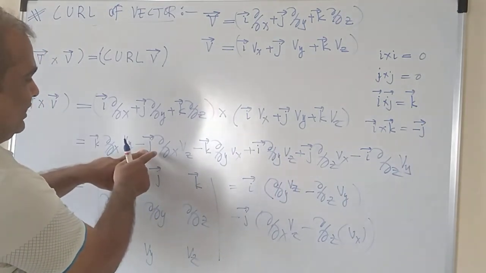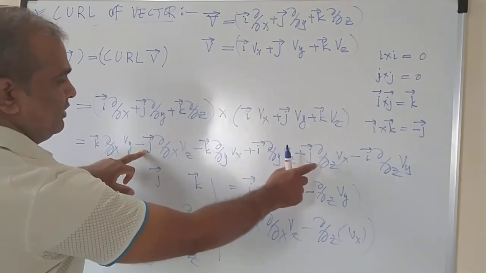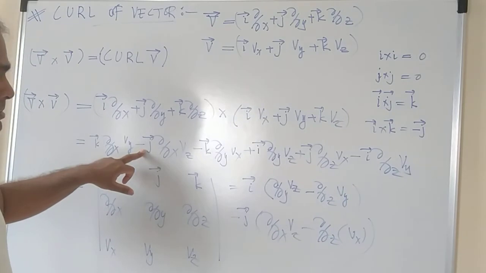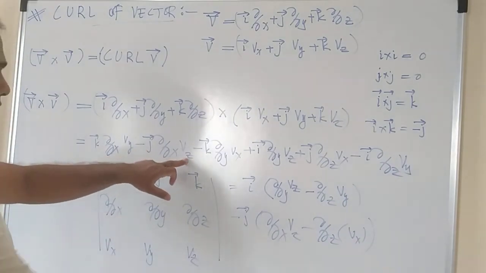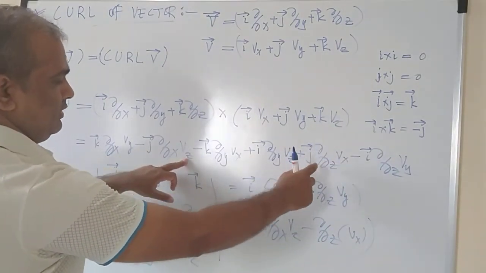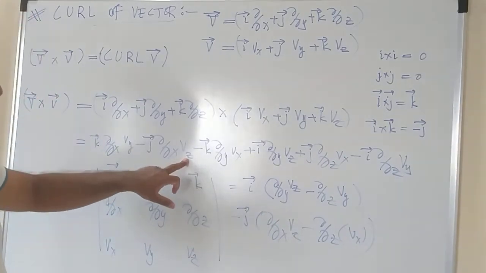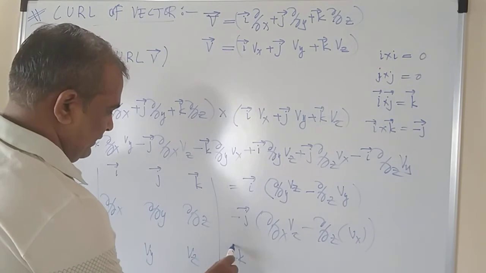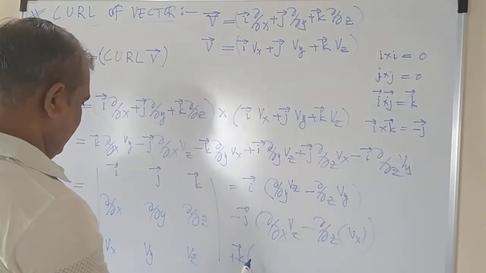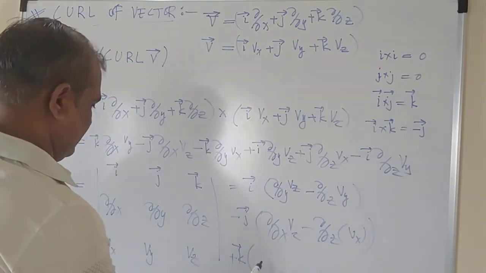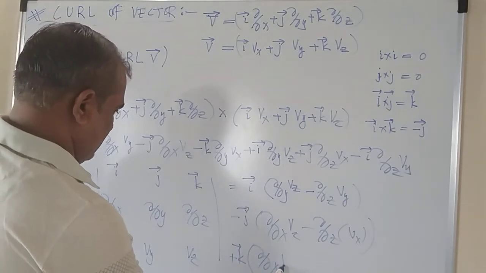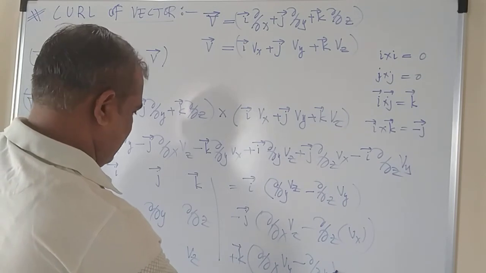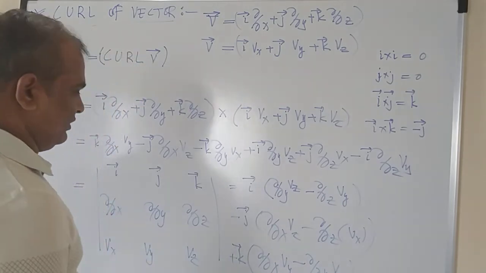So negative j, inside the bracket you will get dou by dou x of Vz minus dou by dou z of Vx, right? Plus k bar into bracket you can write dou by dou x of Vy minus dou by dou y of Vx.